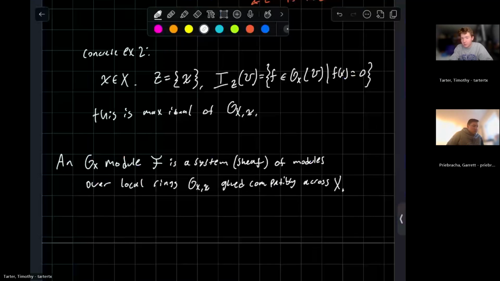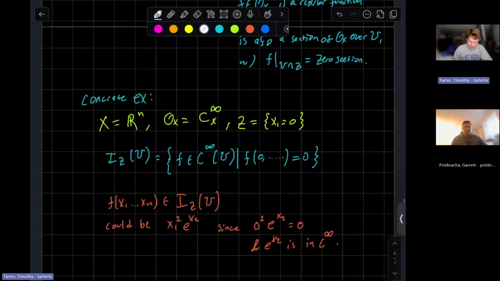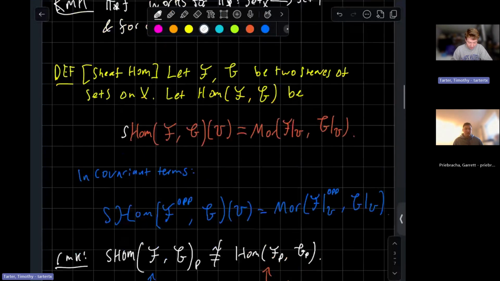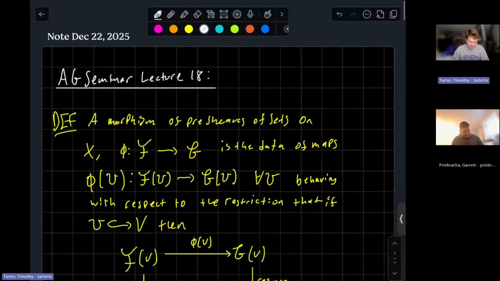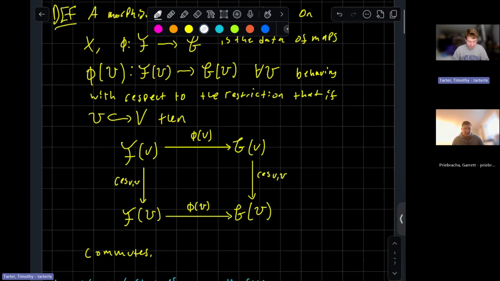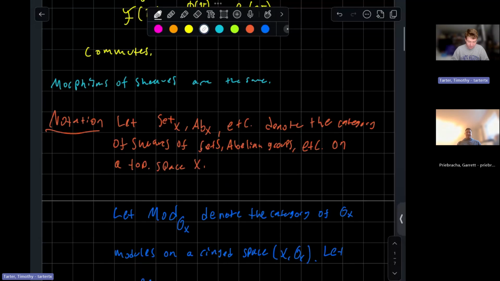All right. So with this understanding of OX modules, let's just go back and look through this stuff. So this all makes sense.